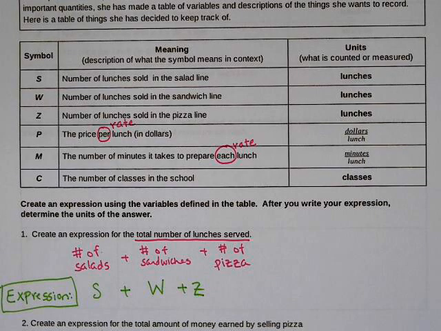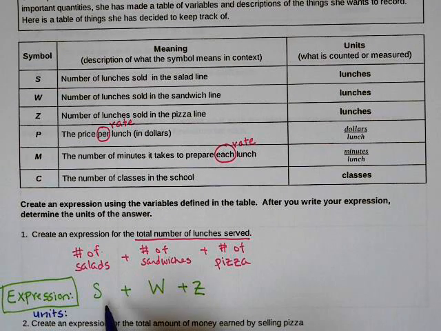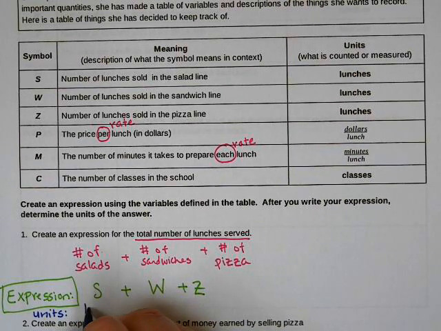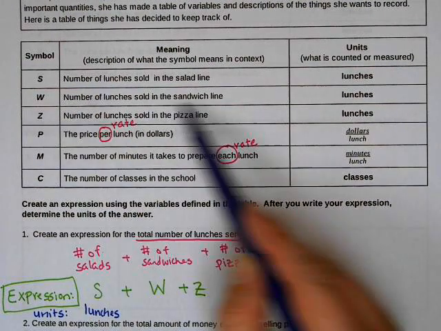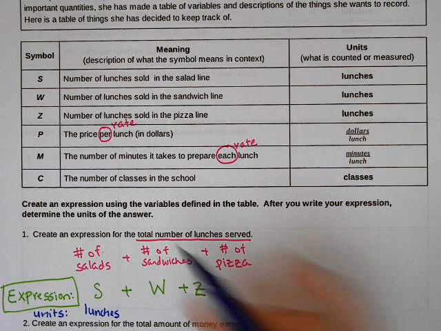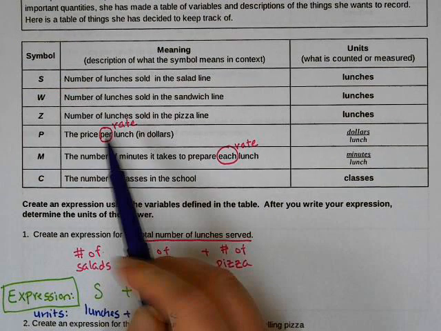Now if we think about the units that go along with that, the number of salads sold, the units there was just lunches. In terms of the number of sandwiches, if we look at that, W, the units we chose, or that we said we were using, was lunches. So we've got lunches, plus, for Z, it's the same idea.